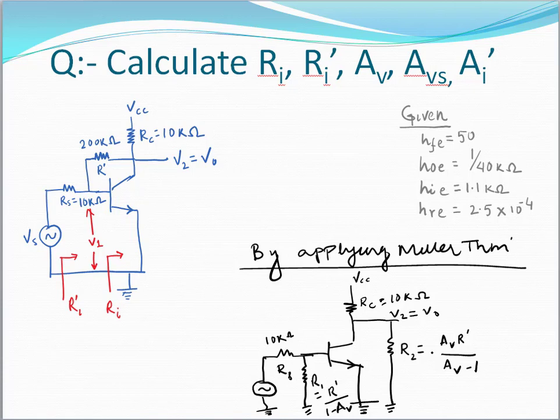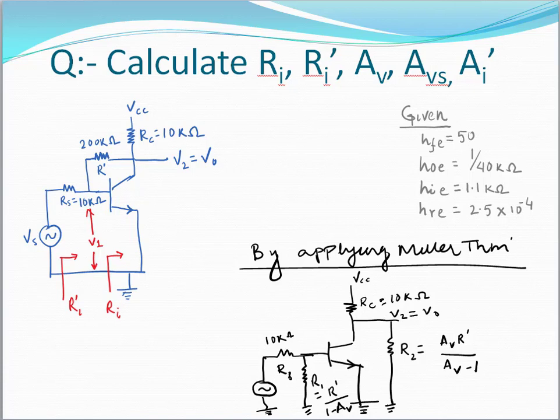In the input side, the value of resistance would be R dash by 1 minus AV, and in the output side, the resistance value will be AV R dash by AV minus 1. So one problem is solved here: the feedback element has been broken down into the input side and output side.